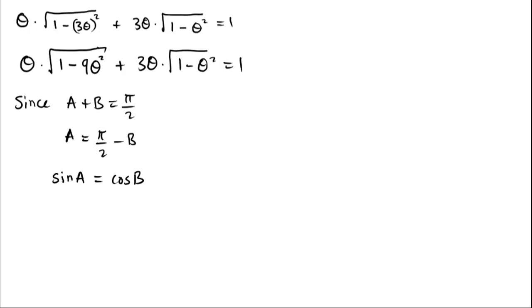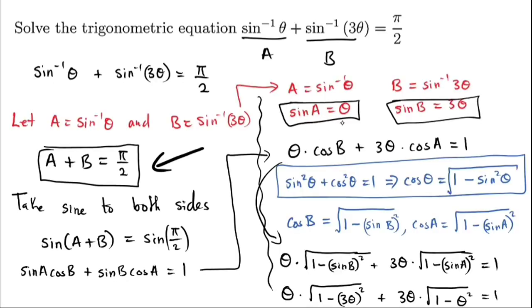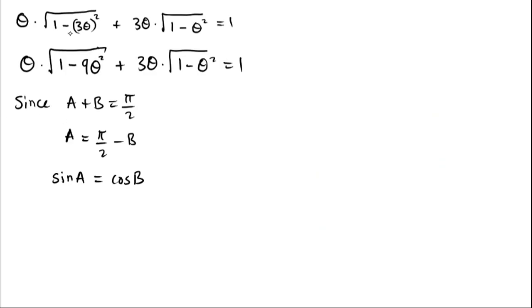Now, how does this help us? We know what sine a is, and we know what cos b is. So sine a, first of all, is theta, as it's shown here. So on the left hand side, where we have sine a, we'll replace that with just theta. Since sine a is equal to theta, how about cos b? Cos b will be equal to the square root of 1 minus 9 theta squared.